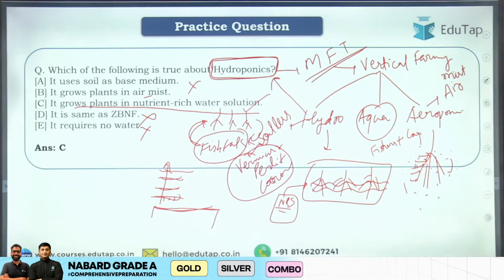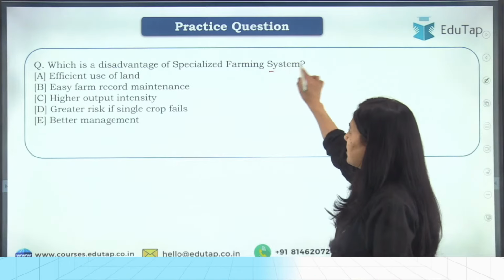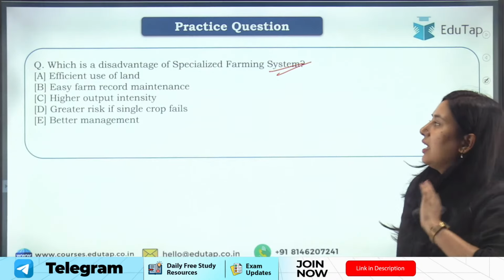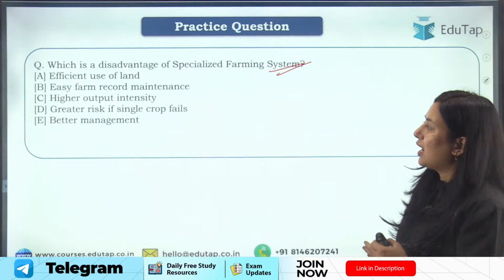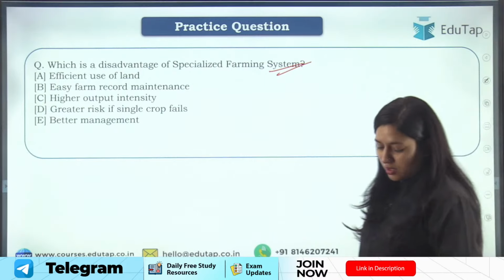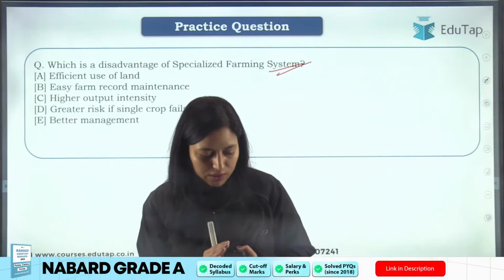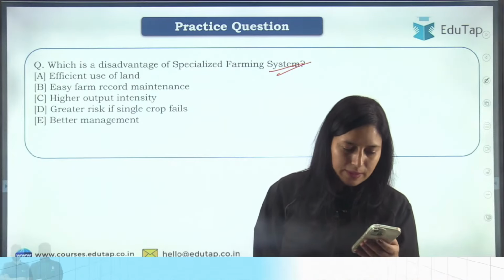Okay, with that moving ahead, question: what is the disadvantage of specialized farming system? Okay, let's quickly read all the options and give me the answer. Efficient use of land, easy farm record maintenance, higher output intensity, greater risk if single crop fails, better management. Tell me, what can be the disadvantage of a specialized farming system? Carefully read the question and give me the answer.